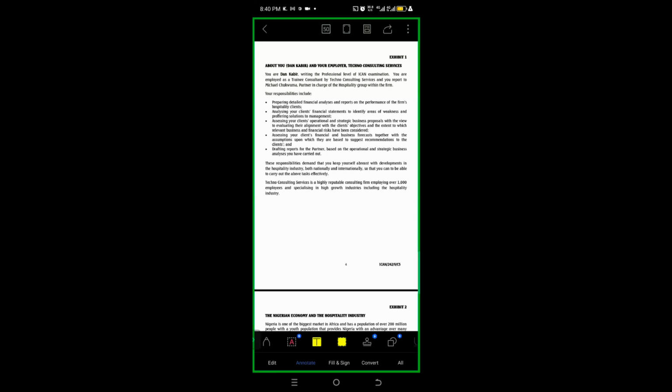So from this now, we have identified operational and strategic business, that also relates to business analysis.